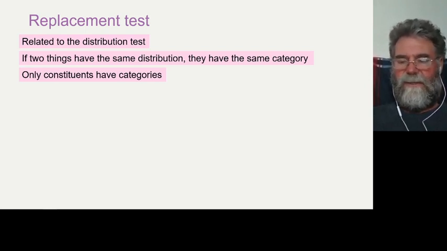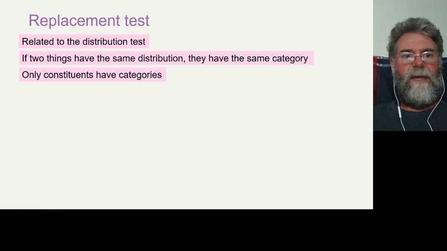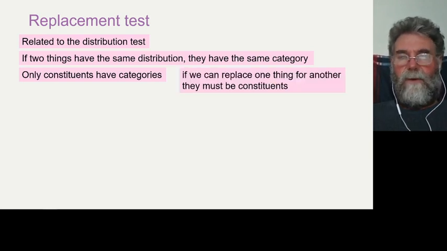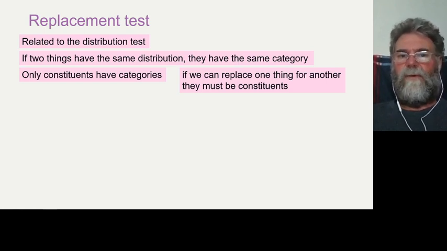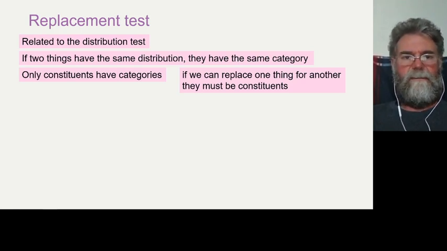Only constituents have categories, and therefore we can look to see what we can do with the sentence, and if we can replace one thing for another, those two things have the same distributions, therefore they have the same categories, therefore they must be constituents. So if you can replace one thing for another, those things must be constituents.